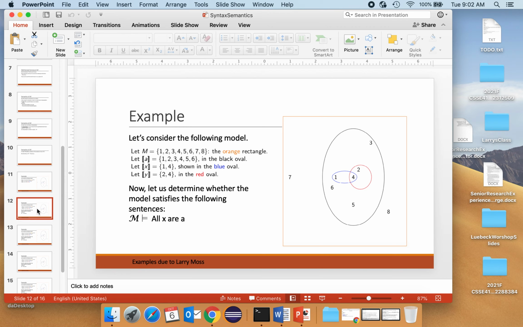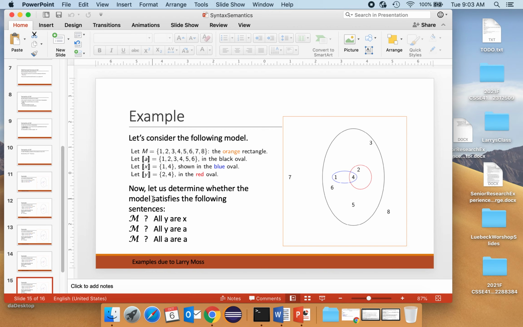And how do we know that the model supports something? Well, if a subset is properly contained in another one, then all the elements that are in the outer set but not in the inner set are empty. There are no other elements.